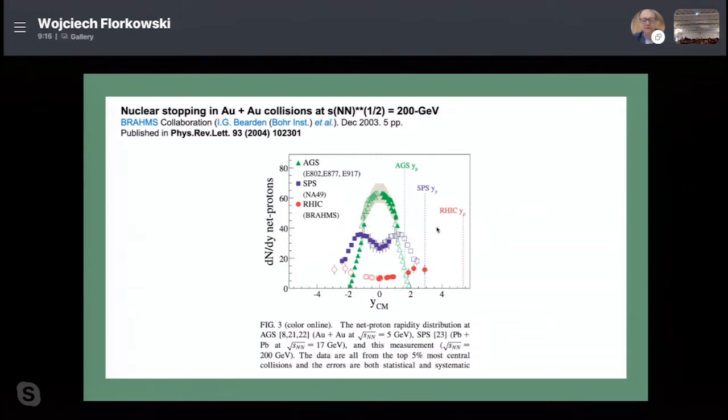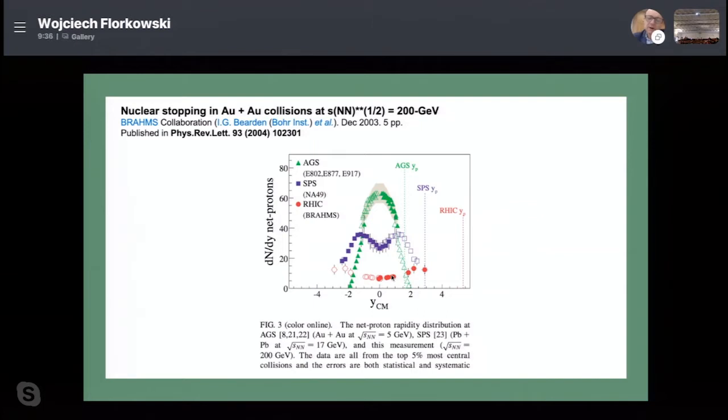So our picture is that at lower energies, there is kind of stopping, that the two nuclei merge, and then there is an explosion. But when we go to larger energies, then the baryon density in the center is practically zero.